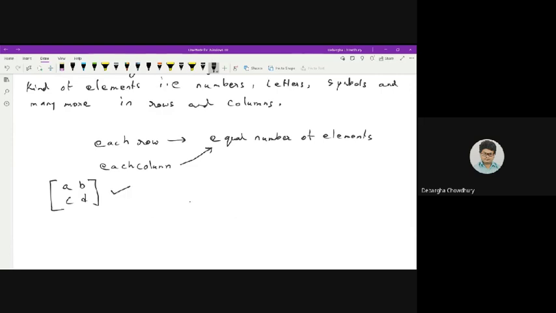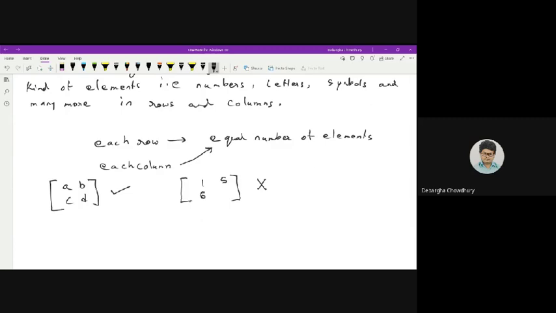Now what about this one? 1, 5, 6. There are three elements, but in the first row there are two elements and in the second row there is only one element, so this is not a matrix.